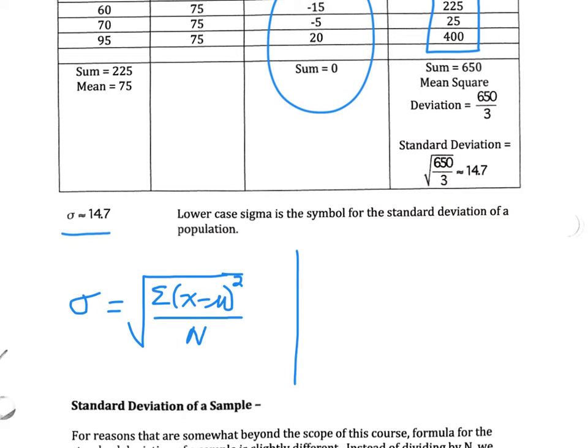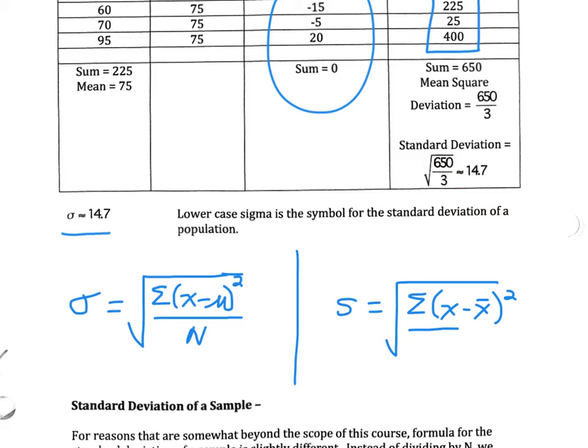Okay, the standard deviation of a sample is a lowercase s, is equal to the square root of the sum of any individual data point minus, it's still the mean, but this time it's the mean of a sample, so it's x bar. We square that.